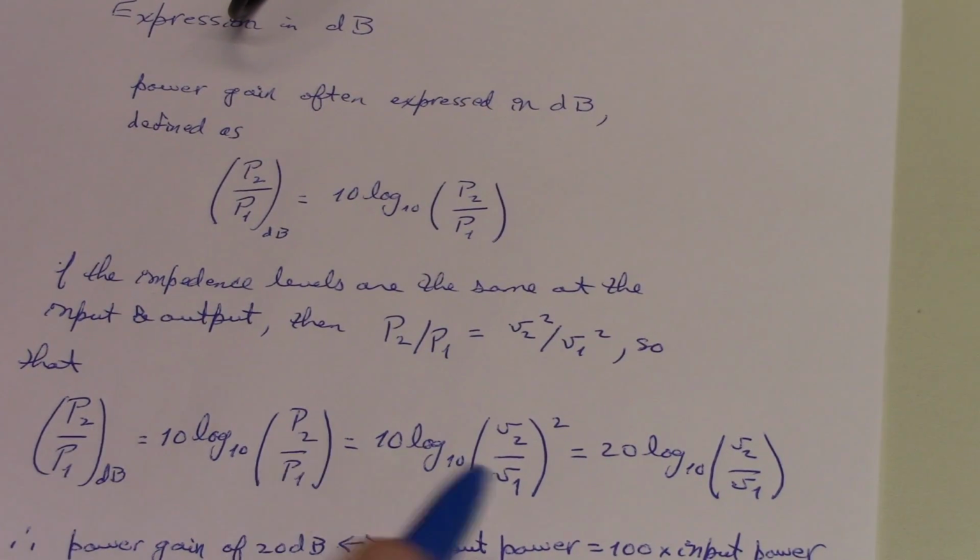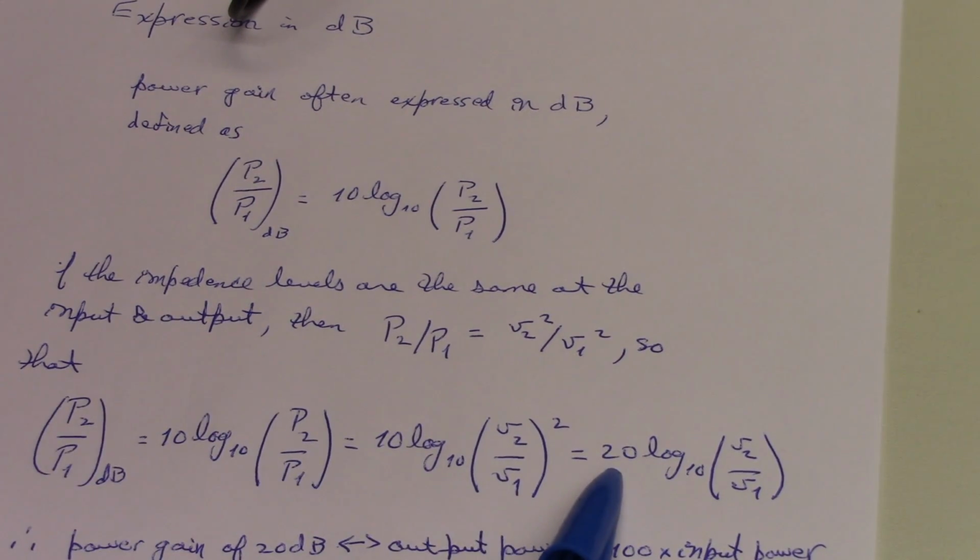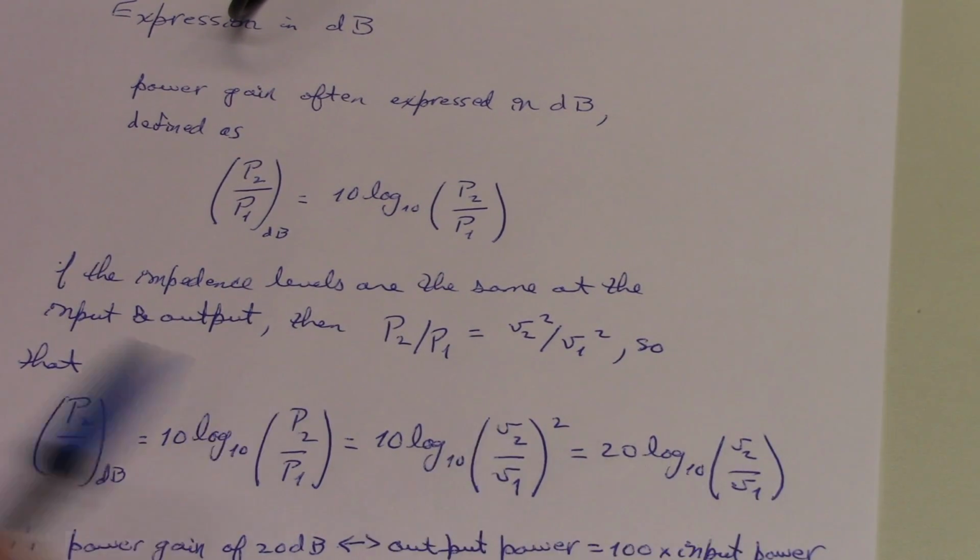And so when you do that, you bring down a factor of 2 that multiplies this factor of 10. And that's where this factor of 20 comes from. So when we express the gain in terms of dB, we have a factor of 20 log base 10 of the output voltage divided by the input voltage.